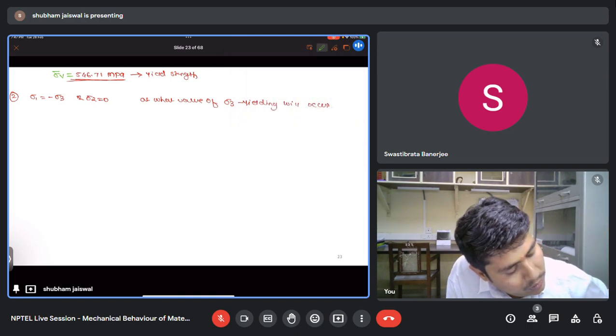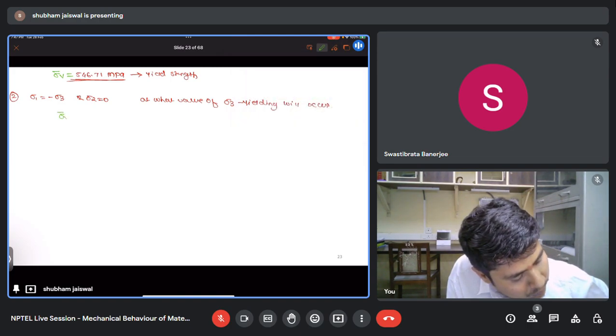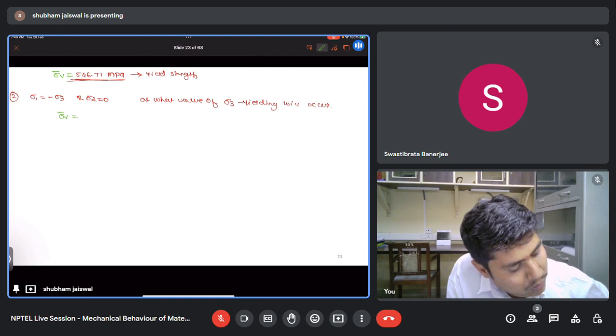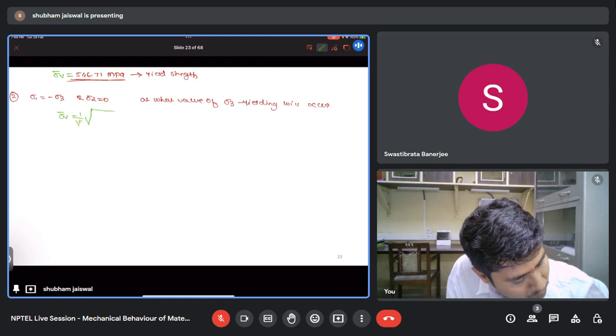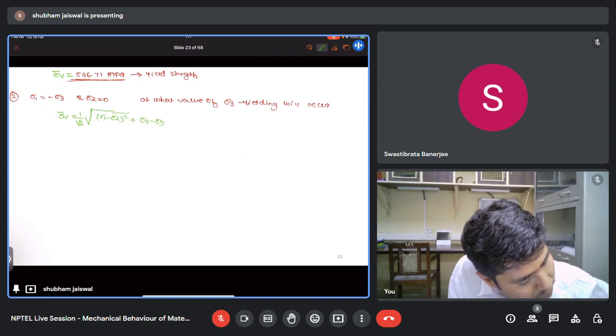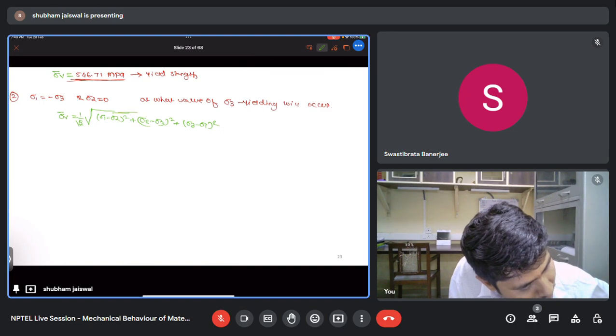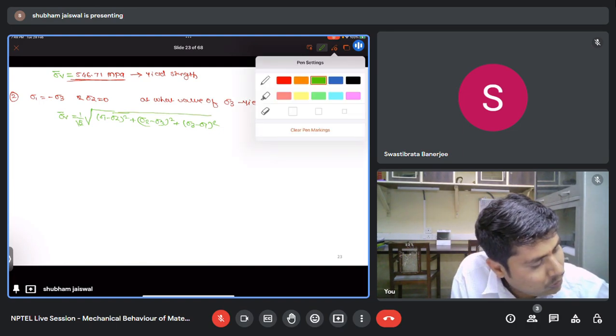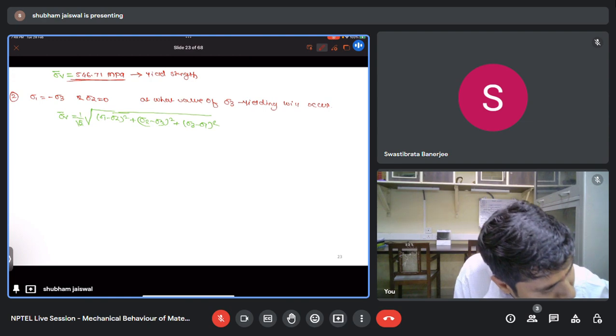So we have the same equation, sigma bar V equals 1 by root 2 under root of sigma 1 minus sigma 2 square plus sigma 2 minus sigma 3 square plus sigma 3 minus sigma 1 square. In this, sigma 2 is 0, so this term is 0 and this term is 0.